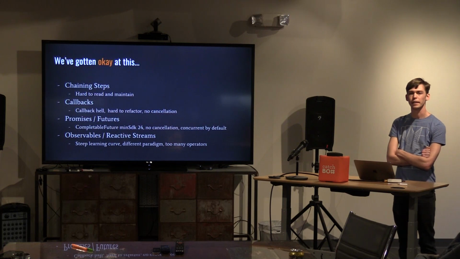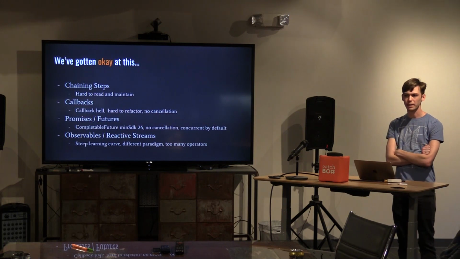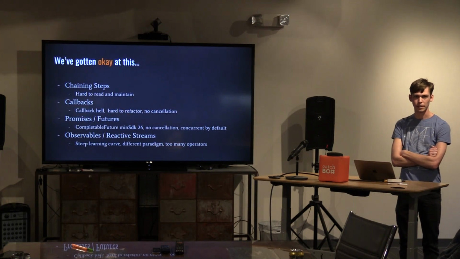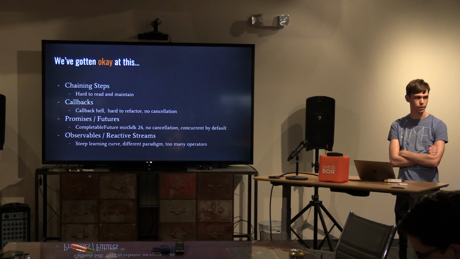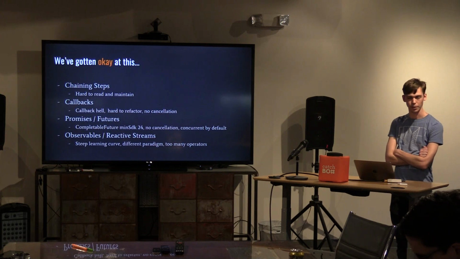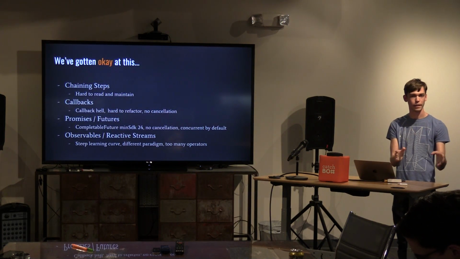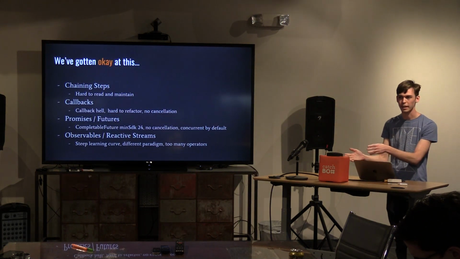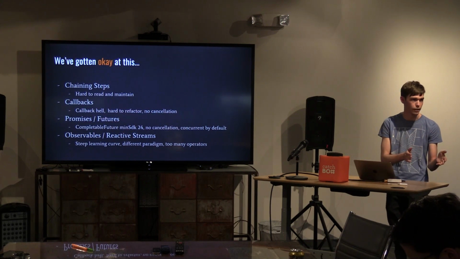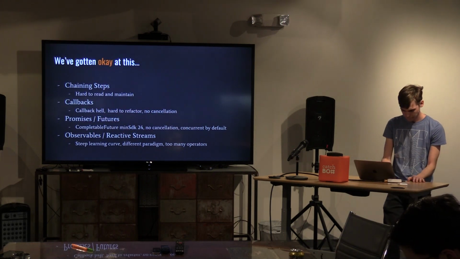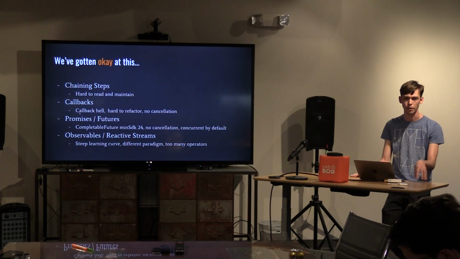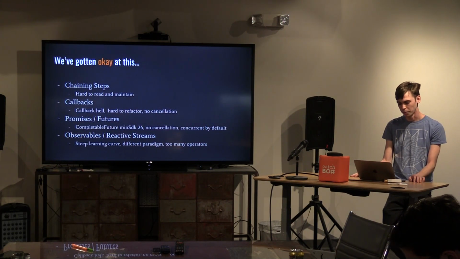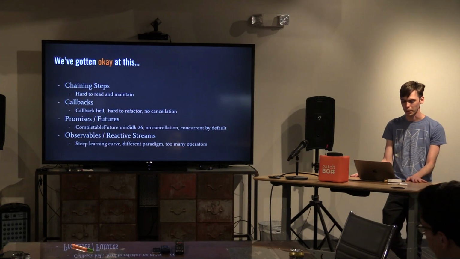So what I mean by that is it's easy to run things in parallel. It's hard to run things in series. And most of the things that we want to do are running things in series, right? You can't do the contacts operation until you have the list of friends. And then with observables, there's a steep learning curve. You've gone from writing imperative code to writing functional code. There's a lot of operators to remember.